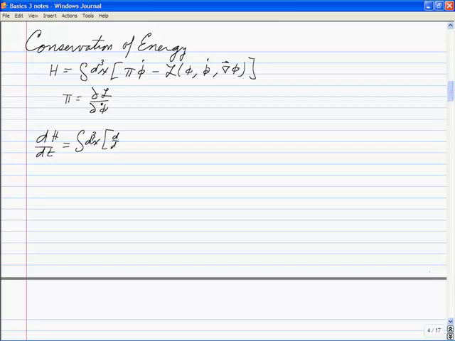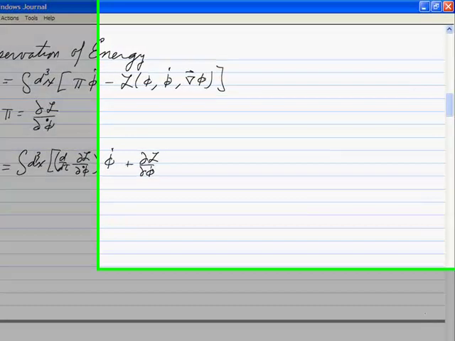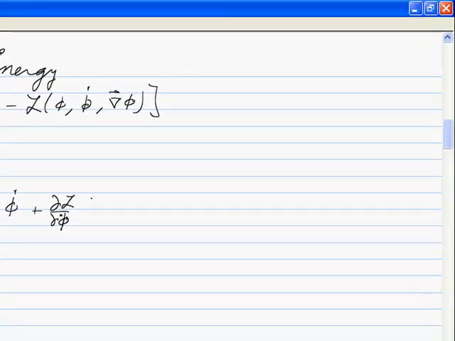I take d by dt of dL/d phi dot, multiplied by phi dot. Next, here's pi again. Take d by dt of phi dot. So that's phi double dot, clearly.